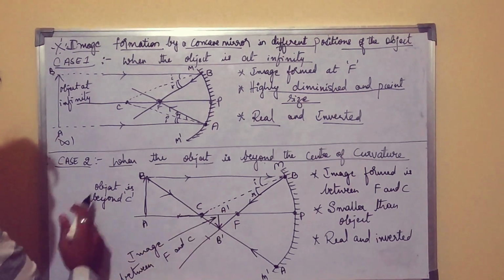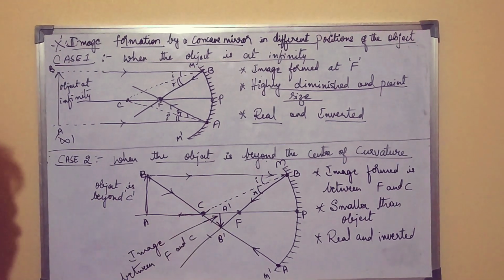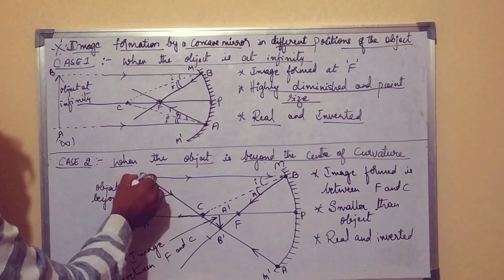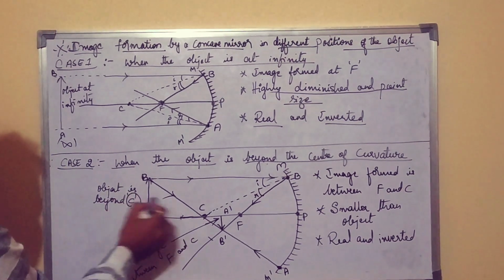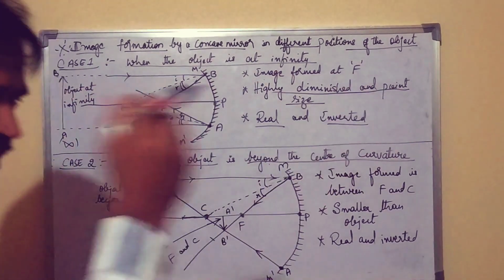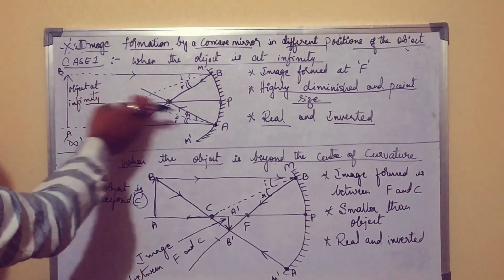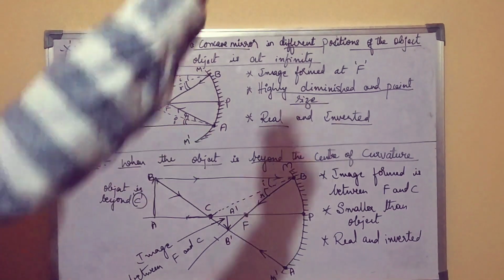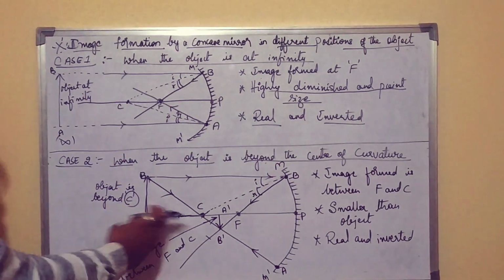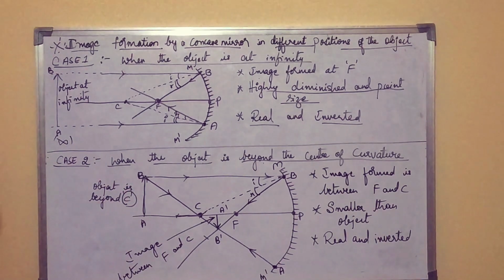It is beyond C, the center of curvature, moving further to the left. This means the object is at a visible distance now. It is not like case 1, where the object was at infinity. No, the object is clearly accessible now, but it is beyond the center of curvature.